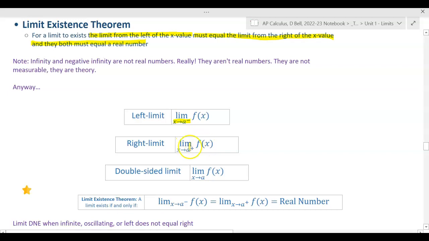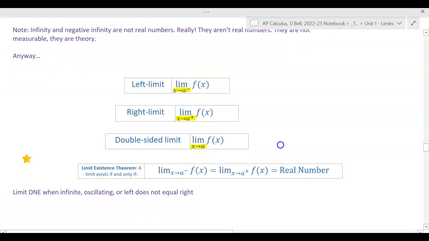From the right, we have the limit of f of x as x approaches a from the right with a little plus sign after the a. A double-sided limit means we need to approach the x value from both directions. And there we just have the limit of f of x as x approaches a. So if the left or the right are not denoted, we approach the x value from both directions, the left and the right.